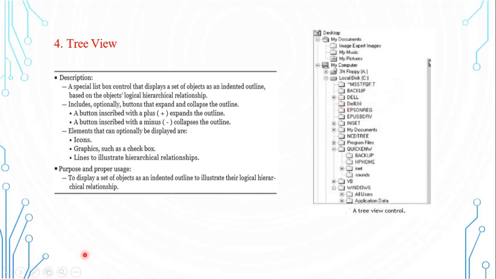Check boxes in the sense that you can mark a tick mark. Then you have lines to illustrate the hierarchical relationship. That is, using the lines we might also be showing the hierarchical relationship.